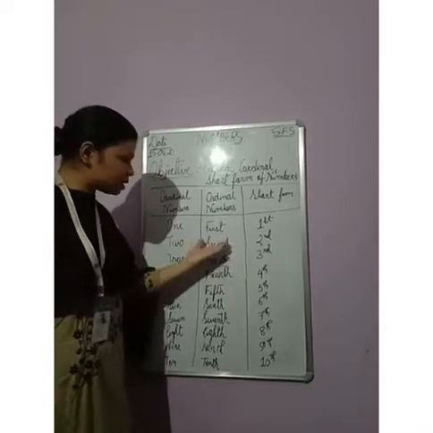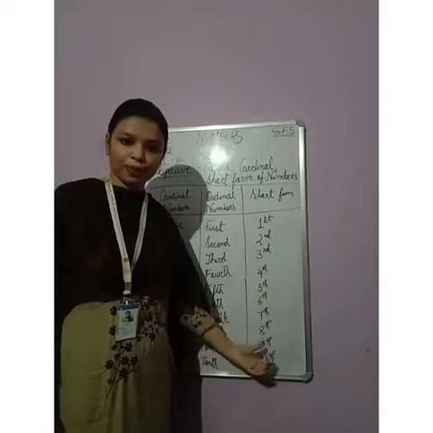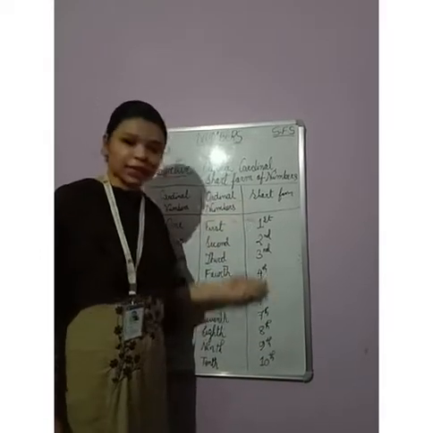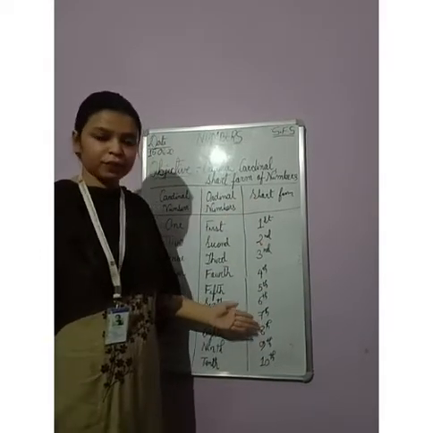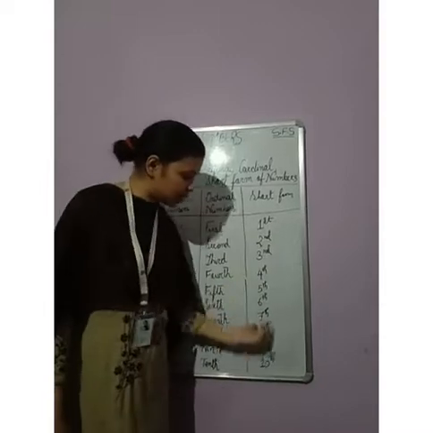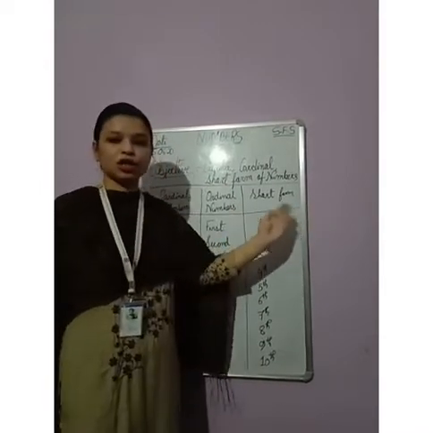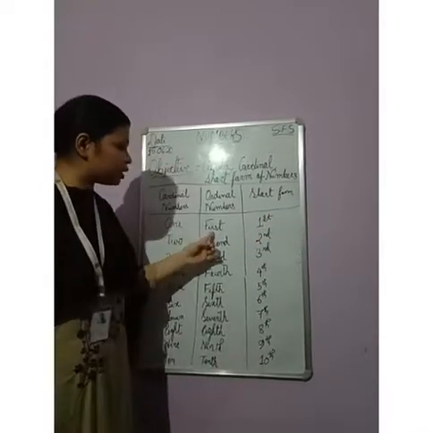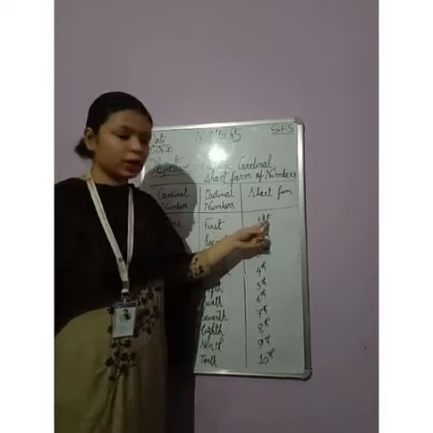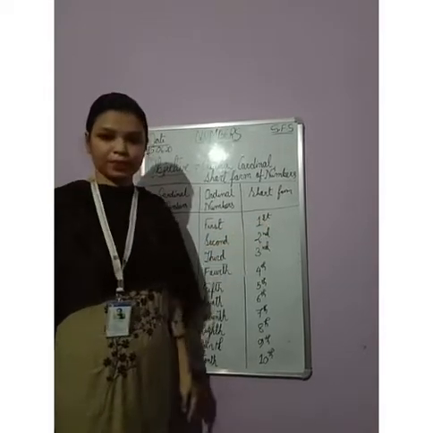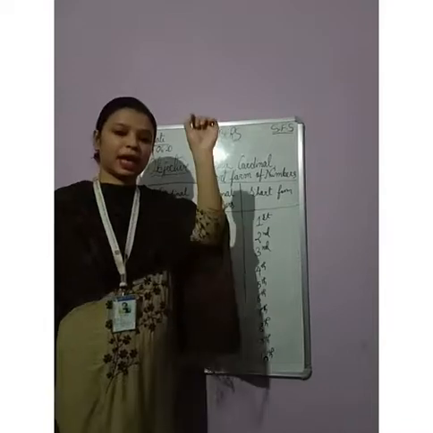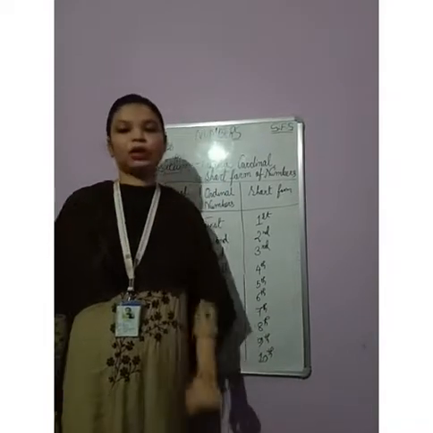Now we can express these numbers in a short form involving the numerical form. The first we can write as 1 and above it we write ST, a little at the top on the right hand side.